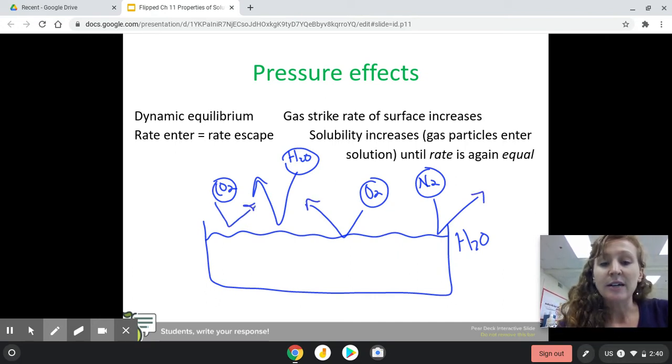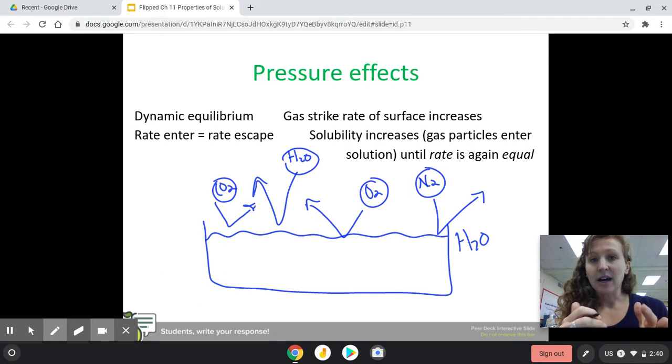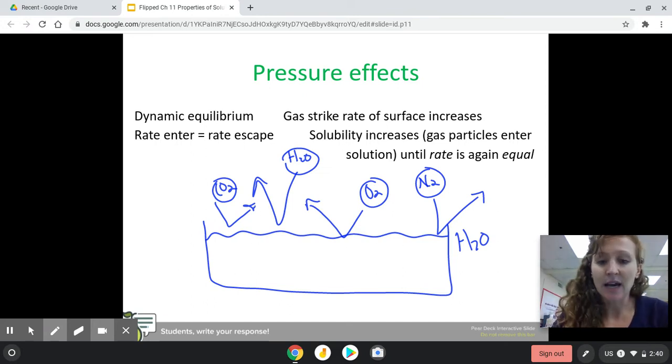So as these gases collide with our solvent, sometimes there's interaction between the solvent and the gas. And sometimes these gases end up entering and getting dissolved.